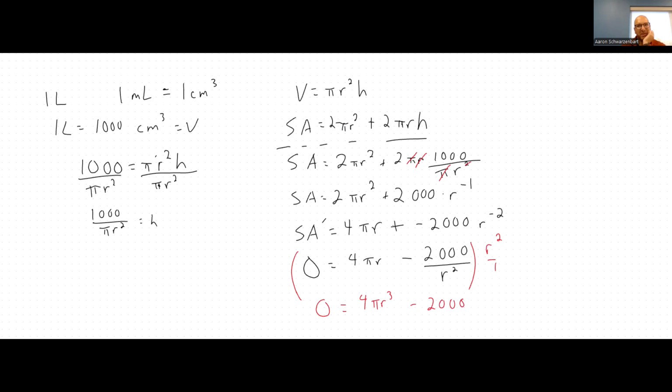So now to solve, I'm going to add 2,000 to each side to move it to the other side. I will divide by 4 pi. And I'm not going to do this in the calculator yet. Then I'll cube root both sides.